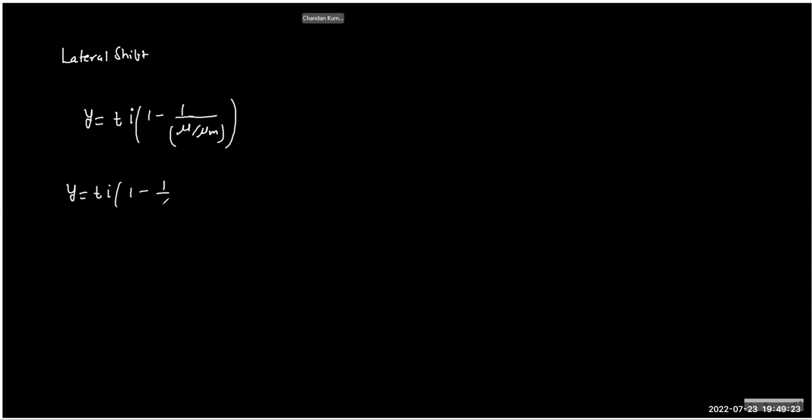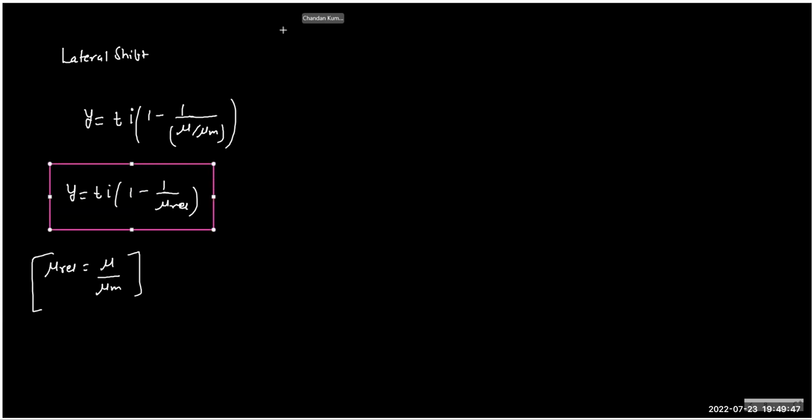So we are trying to write the mu relative in the medium. Mu relative is the mu of the object which you are trying to find upon the medium in which you are trying to put. So this looks simpler than the initial formula.